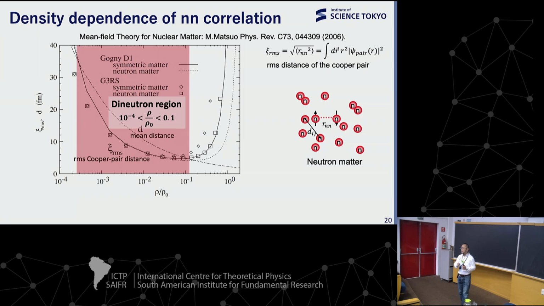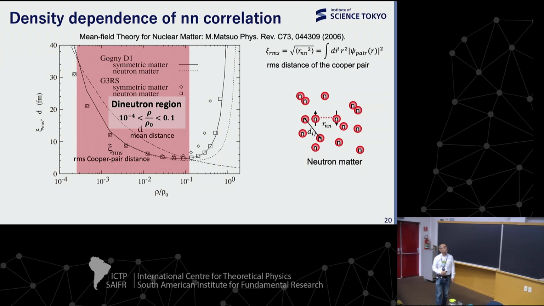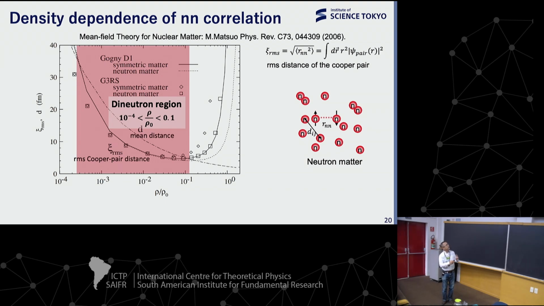So this means that the two neutrons are correlated spatially in these density regions. So in certain density regions, we see some dineutron correlations. And at the normal saturation density, actually this Xi becomes very large. So it's like a long-range pair occurs there. Okay, so this calculation is for nuclear matter, by the way.